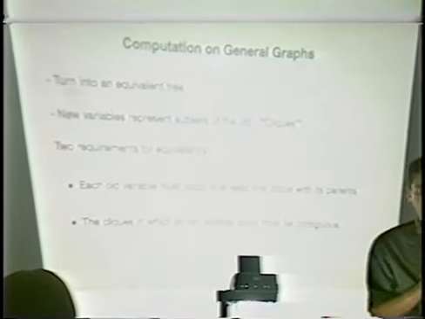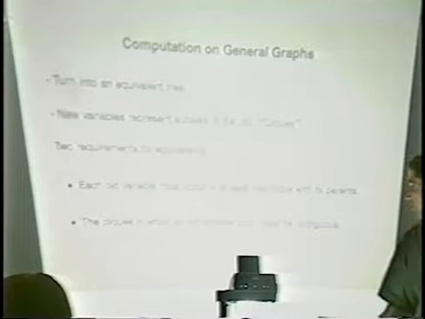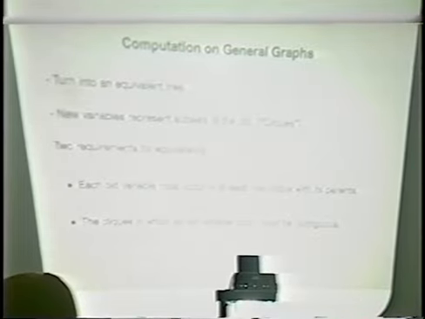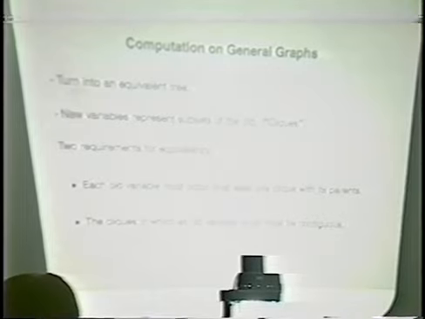The subsets of the old variables are referred to in the literature as cliques, and there's two requirements, it turns out, for the new representation to be the same as the original general Bayesian representation.